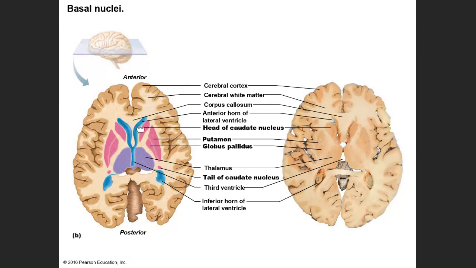The anterior part of it is up here, and the back of it, the tail, is going to actually be back here. I think these lines are not accurate. Your ventricles are here. The thalamus is there. You have your putamen. There is this other part of the basal ganglia called the globus pallidus, which is this more medial pink structure here.